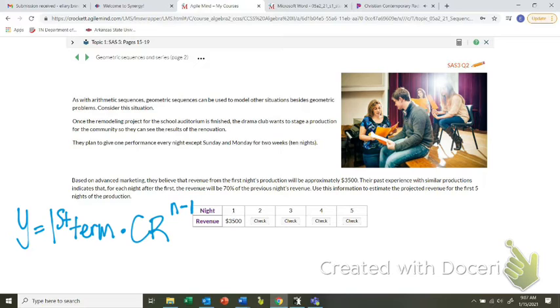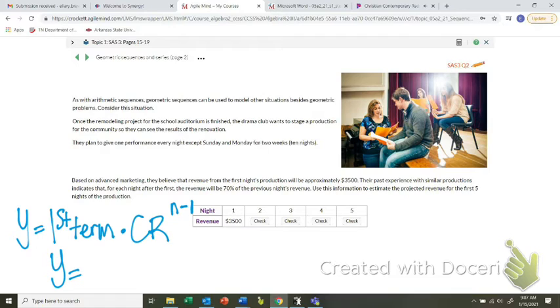It has a constant multiplication. And what do you know about geometric sequences? They multiply by the same thing every time. Okay? So they correlate. So that's why that n minus 1 is in the exponent, because it shows it is an exponential function. Okay? So let's make a function rule.